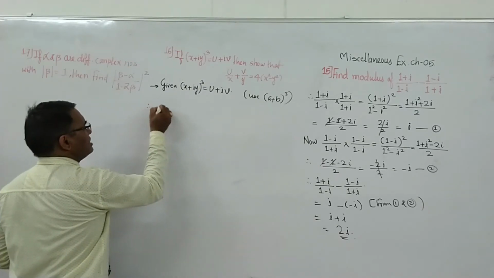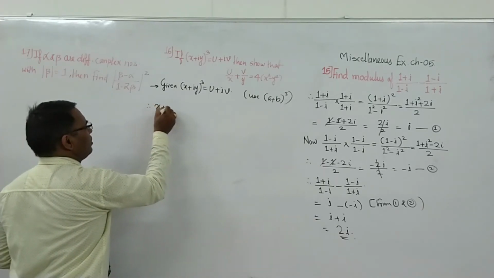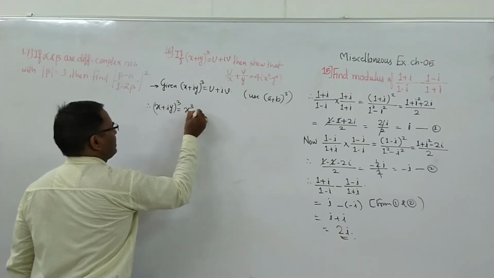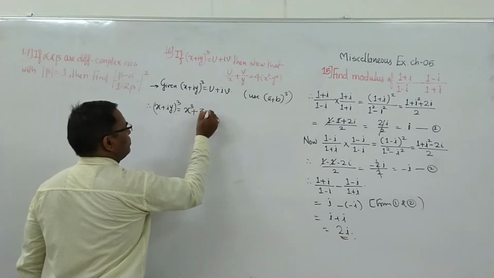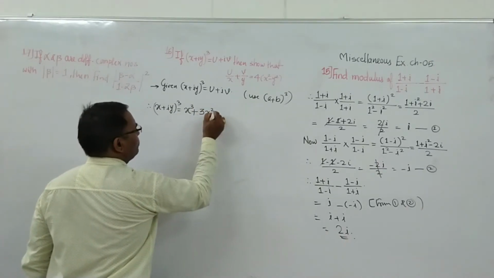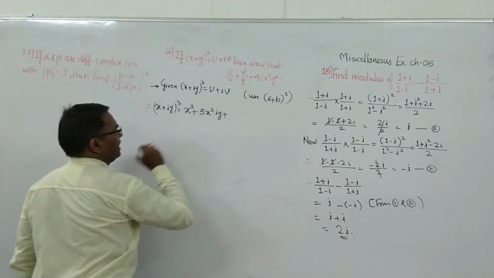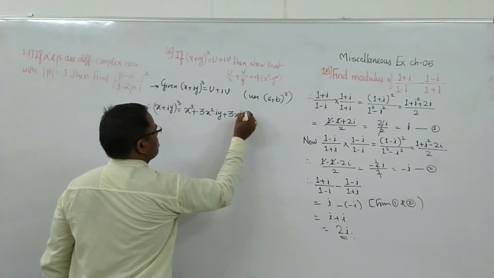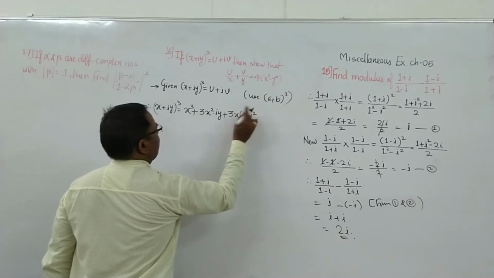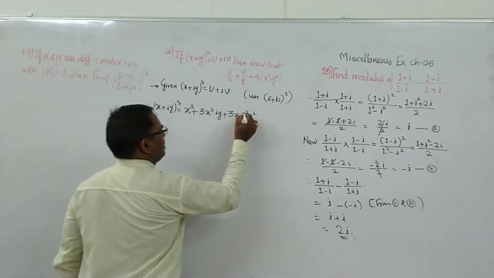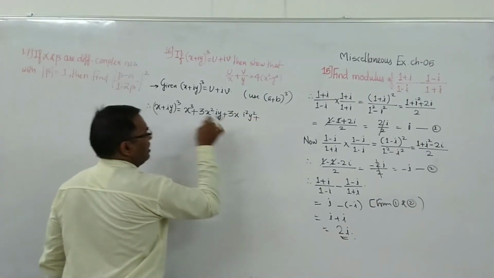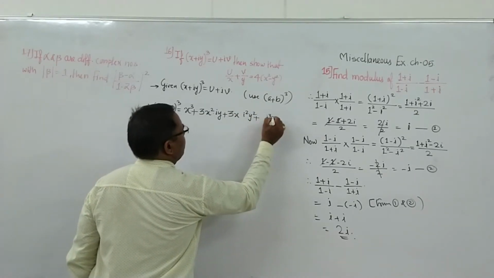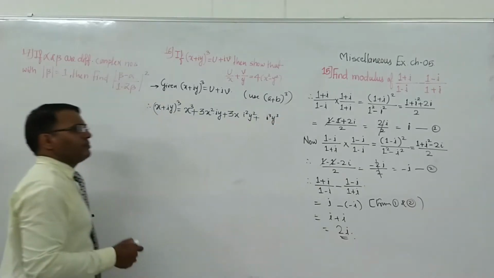Therefore (x plus iy) cube will be x cube, then 3 into a square into b, that is iy, then 3 into x into y square, and I can write directly i square and y square, then b cube, that is i cube y cube.